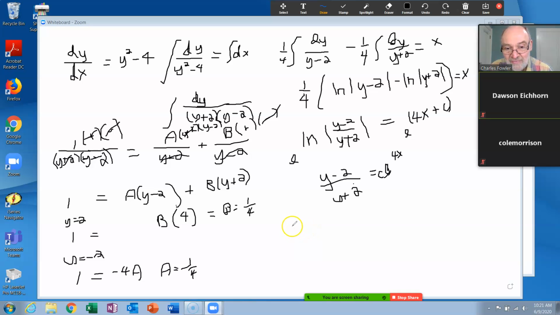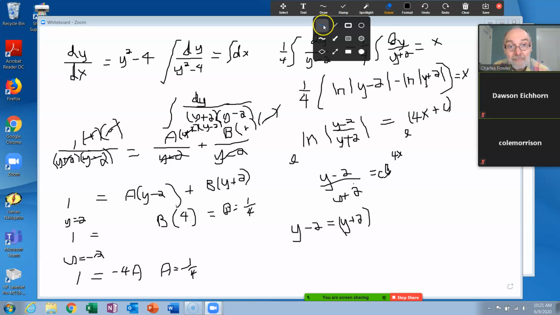We're going to multiply both sides of the equation by y plus 2, so that gives you y minus 2 is equal to y plus 2 in parentheses times your c e to the 4x.